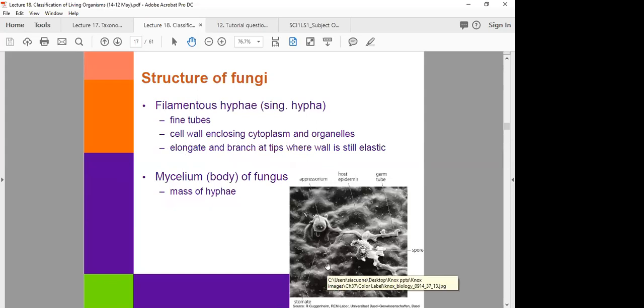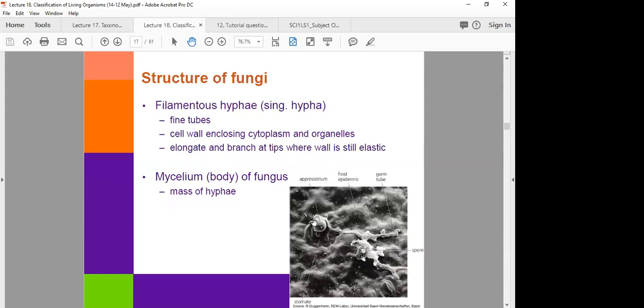Okay, we've got a great image here. Here's a spore, a fungal spore that has germinated. So the cell or cells that are found within that spore start to elongate to form these filamentous hyphae. And this spore has germinated on the surface of a plant. Okay, here's another hypha, and another one here.